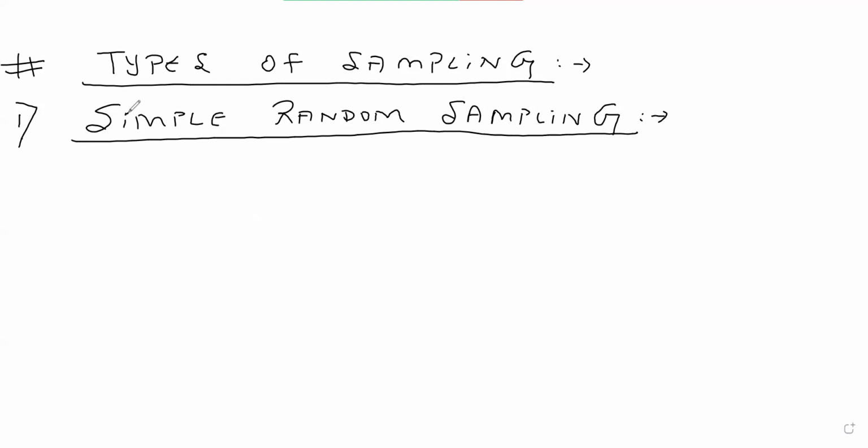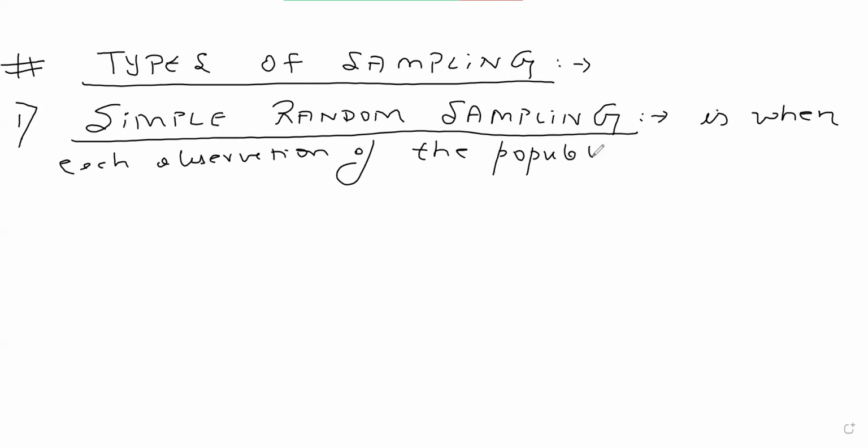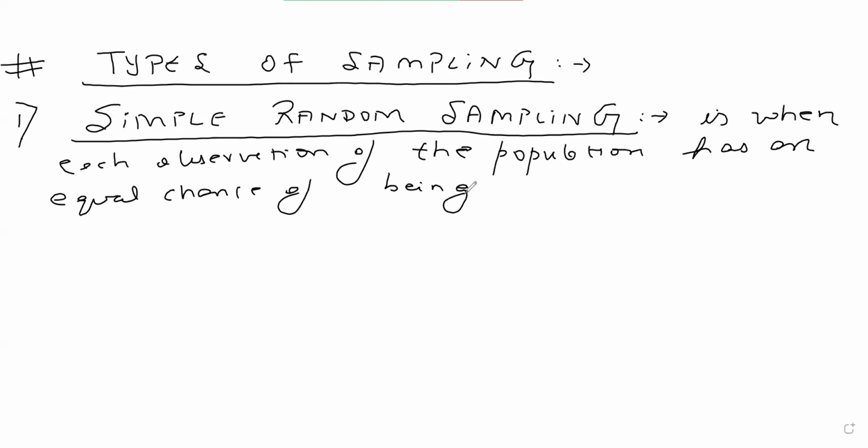Simple random sampling is when each observation of the population has an equal chance of being selected in the sample.